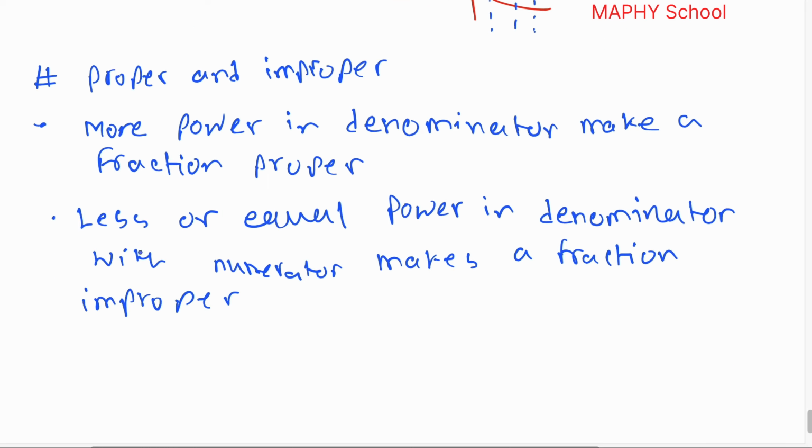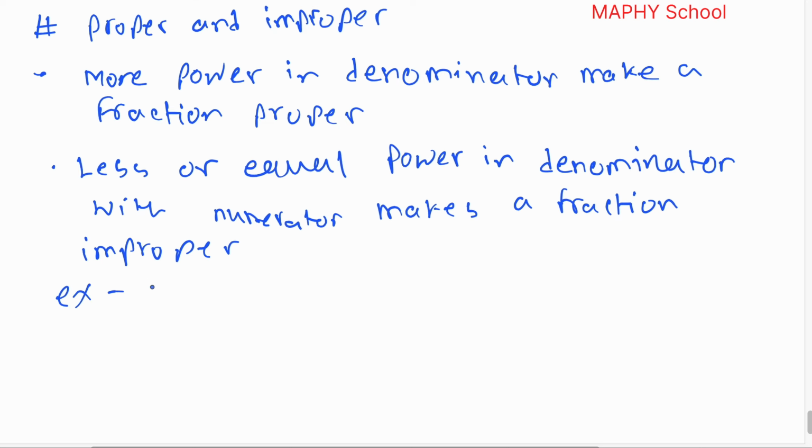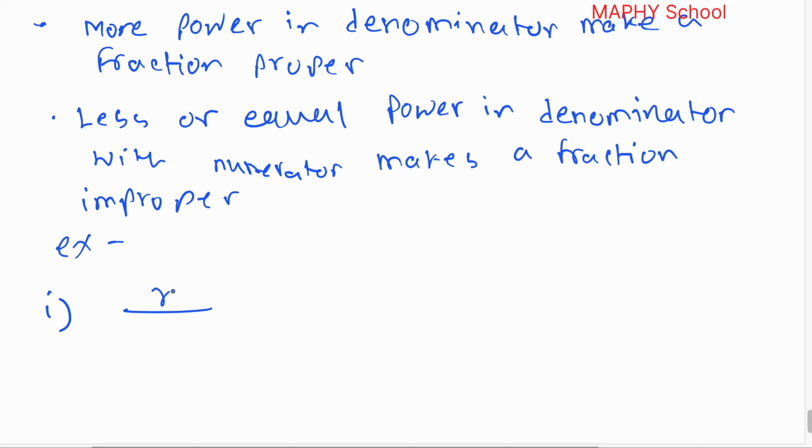Okay, so some examples. Number one, let's say x divided by x square plus 4. Is it proper or improper? It is proper. Why? Because the numerator power is less than the denominator power. In the denominator there is x square, and in the numerator there is x to the power 1. So it is proper.